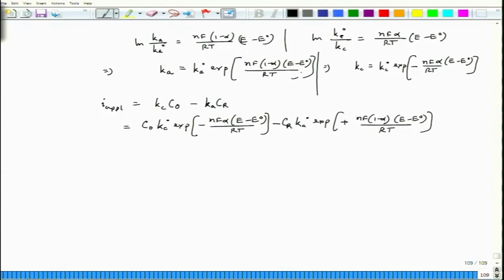I am just putting these formulas here, replacing this Kc and Ka.